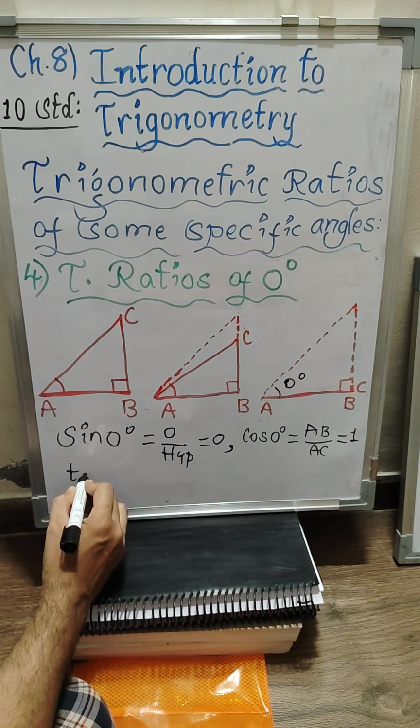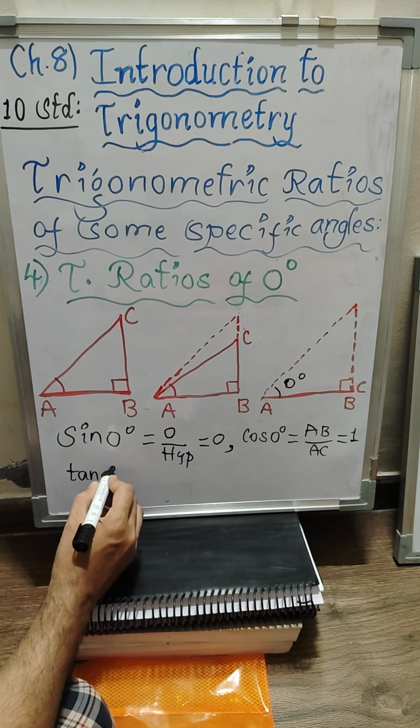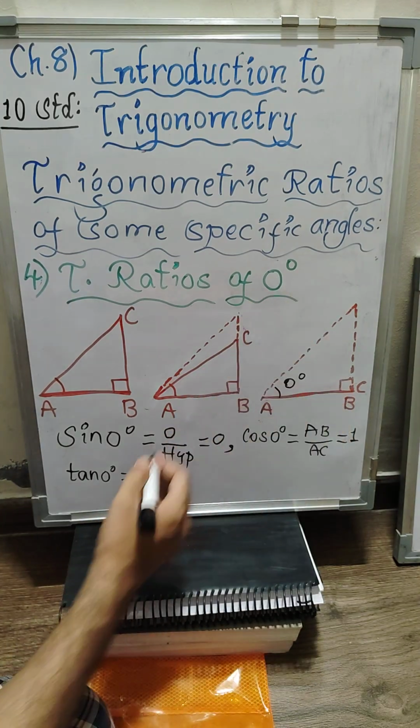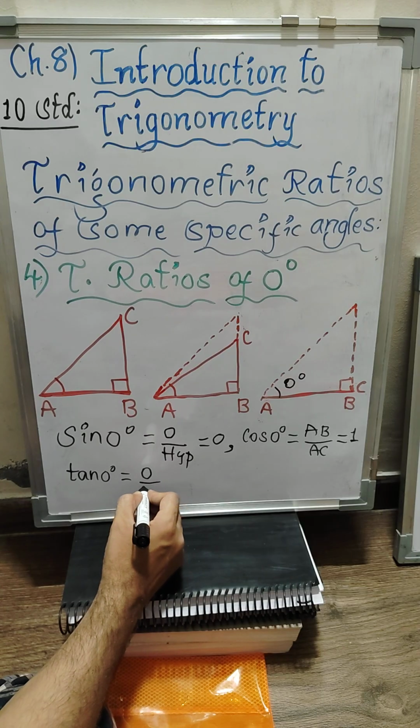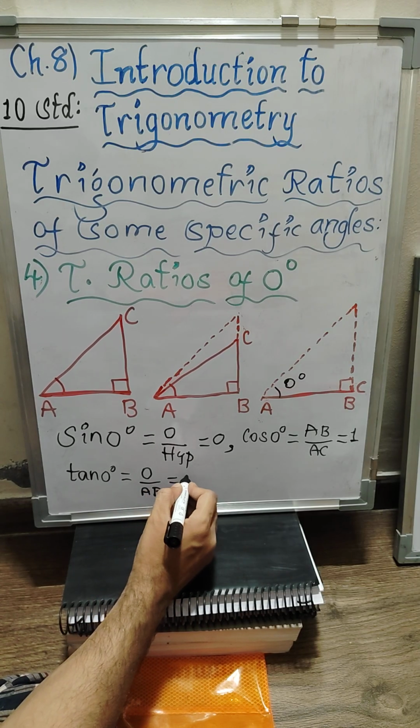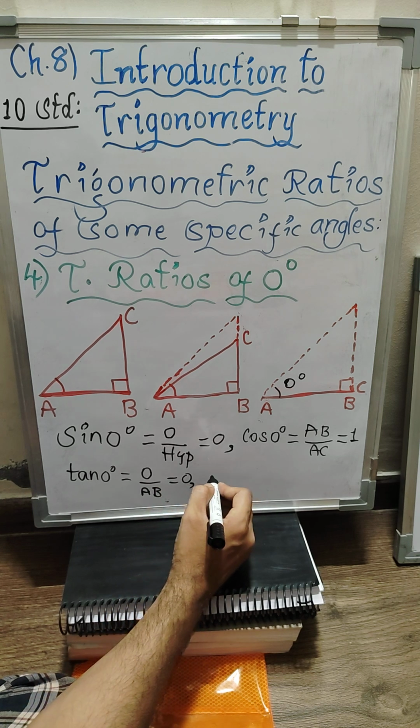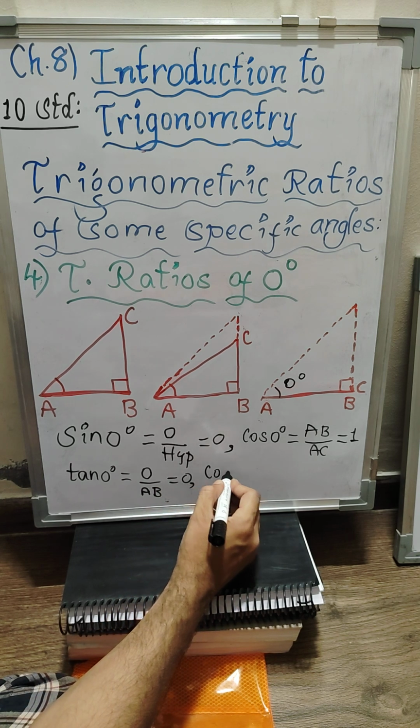Similarly, tan 0 degrees is equal to opposite by adjacent. So opposite side length will be 0 here and adjacent side length is AB. So tan 0 is 0, and their reciprocals are again 3.